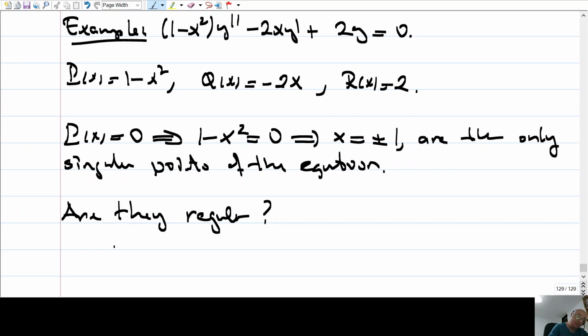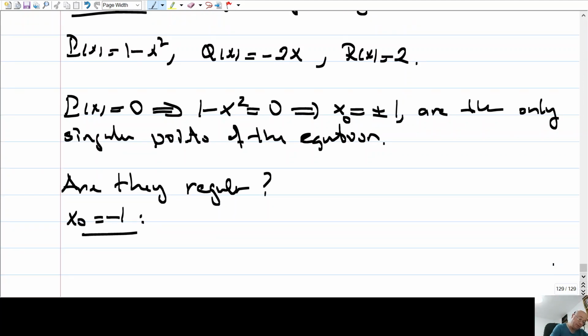Well, let's start with the first one. Let me say x0 equals minus 1. So I have to check the two limits. Limit as x goes to x0 of (x minus x0) q(x) over p(x).